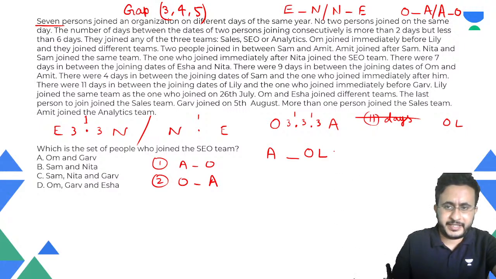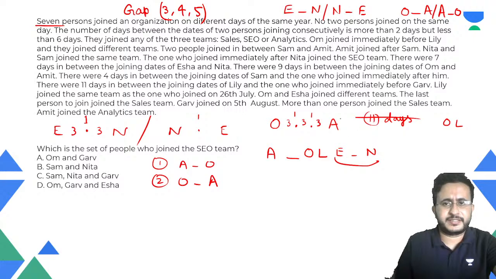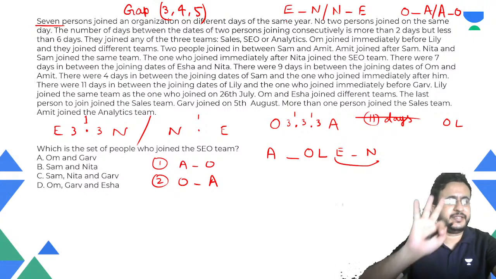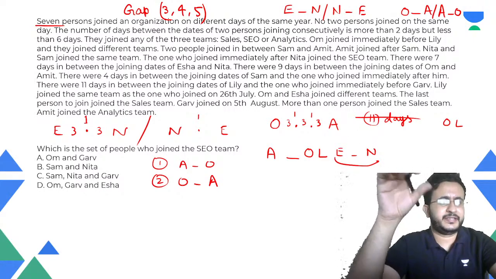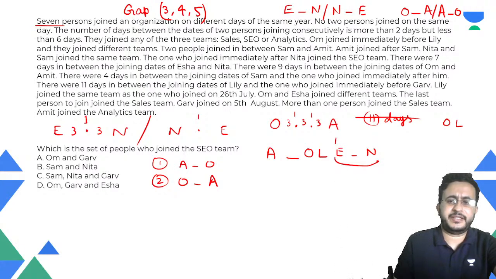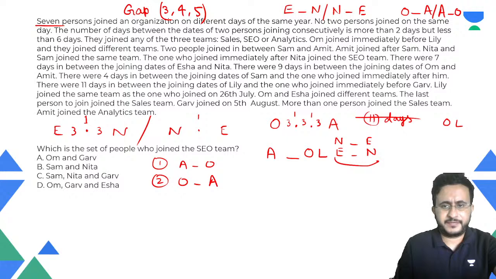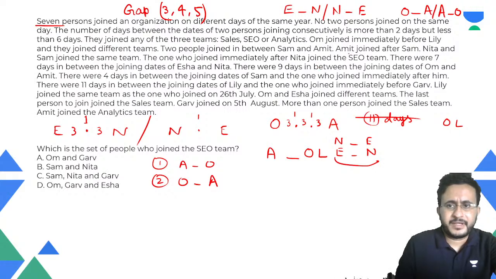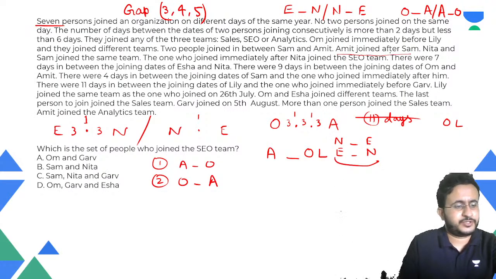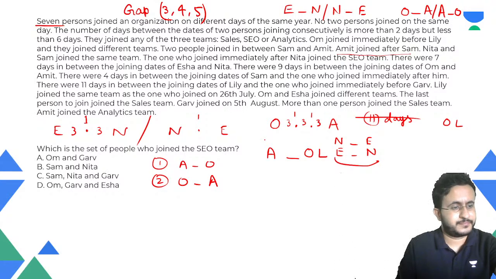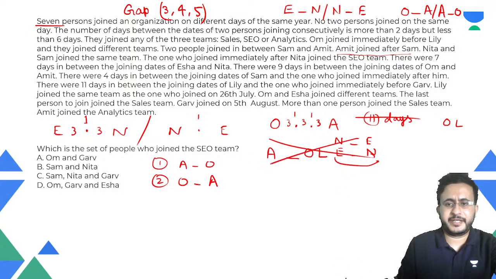If you put E and N here, we can have E and N, then one person in between. That can be N E with some person in between also. If you fill it in here, then we have 7 people done, and it is written that Amit joined after Sam. So Amit cannot be the first person. S has to come before A. So this possibility cannot be.